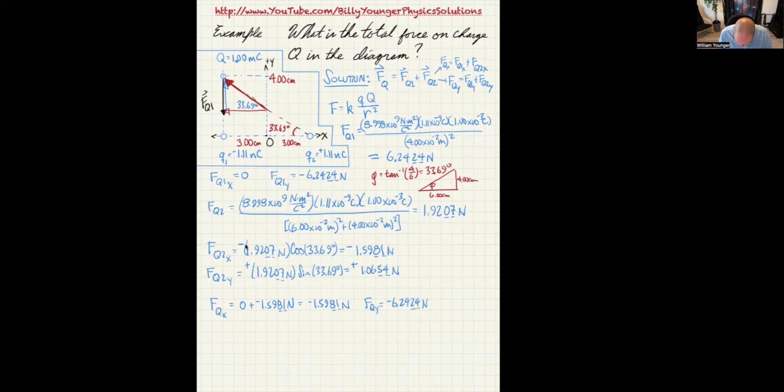And then I've got to add it to the other y component, which is positive 1.0654 newtons. And that's going to give me negative 6.2424 plus 1.0654. Looks like all my numbers are working. That gives me a negative 5.177. And again, keeping two extra sig figs, I'm going to write 70 with a line under it.